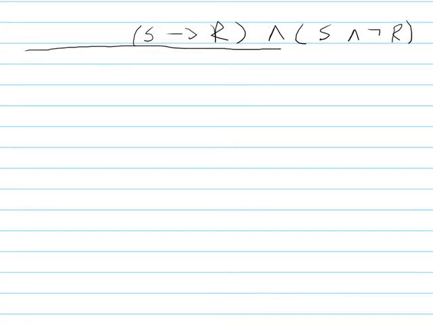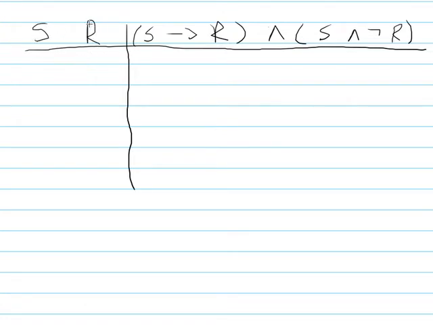So the sentence again is, if S then R and S and not R. So that entire sentence is our rightmost column. And then the first two columns, we have S and R.